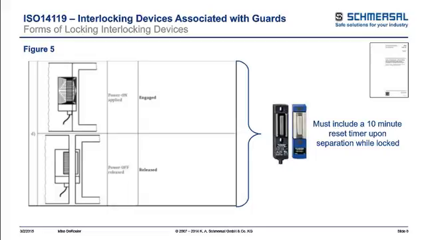But one of the requirements laid out in the new standard is when you have an electromagnetic type of device, as you see in that figure 5 there, because the switch doesn't physically get damaged, you have to require a 10-minute reset timer to basically simulate a repair-like condition, because the electromagnetic doesn't physically get damaged when somebody forces it open like you would a mechanical type of key device. So the standard requires that reset timer in order for that locking function to be used as a safety device.